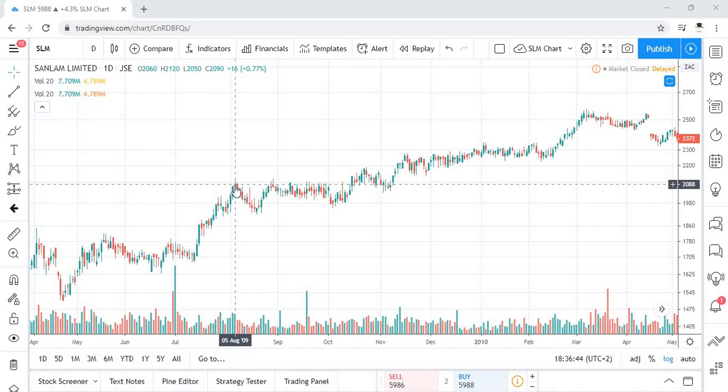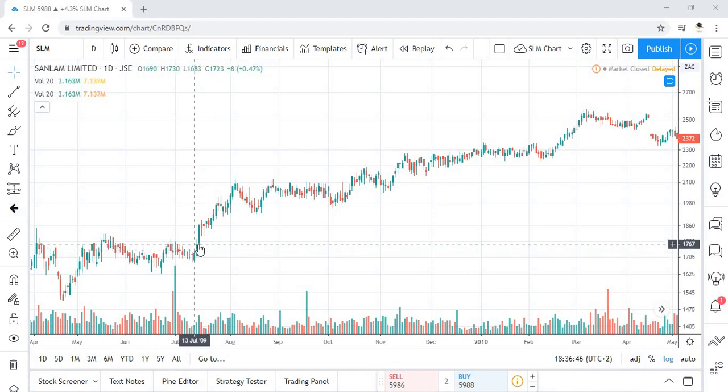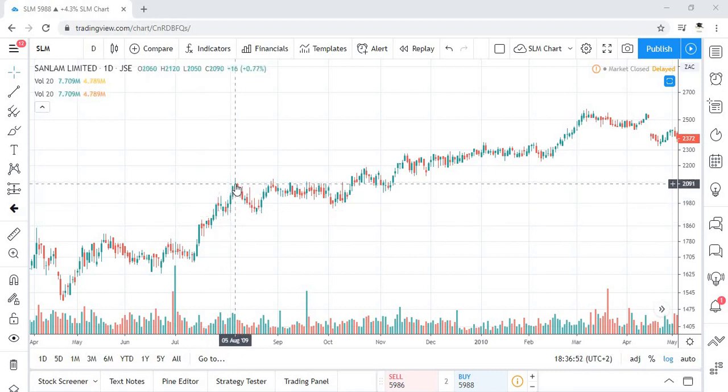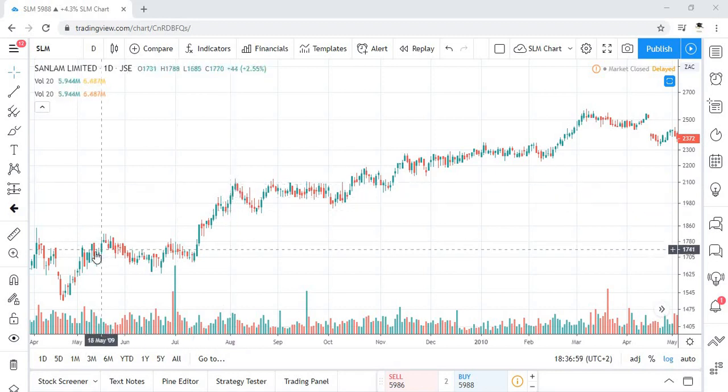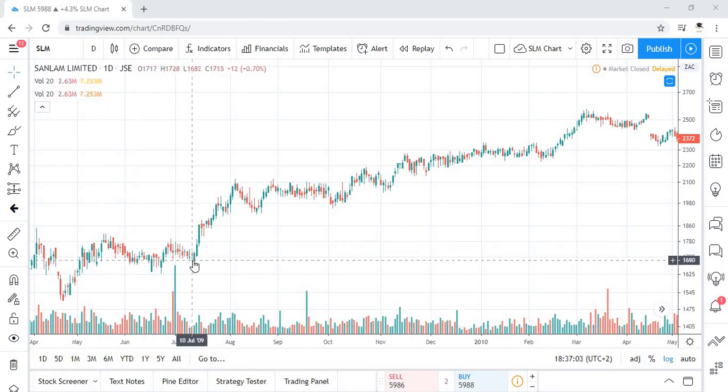Now if you calculate the move from here, that's like 17 rand 70 up to that point there. That is almost 21 rand. So you'd have seen that this person would have held the share for close to 3 months and it didn't go anywhere. It was just moving 1 rand.